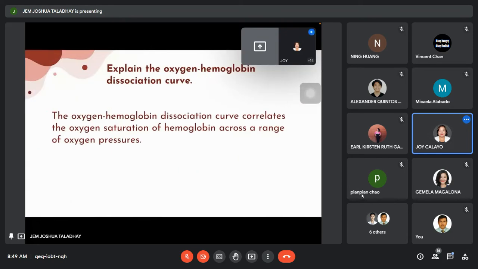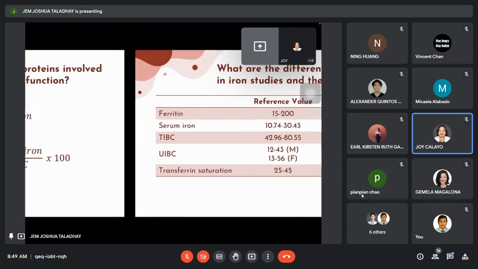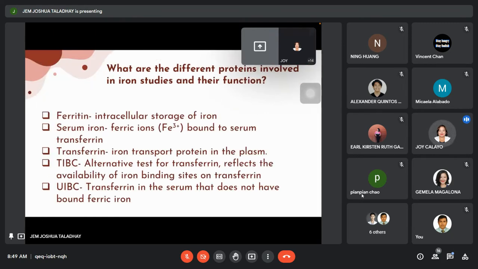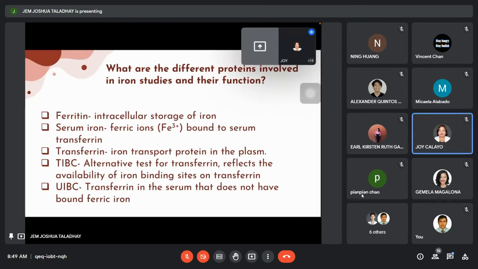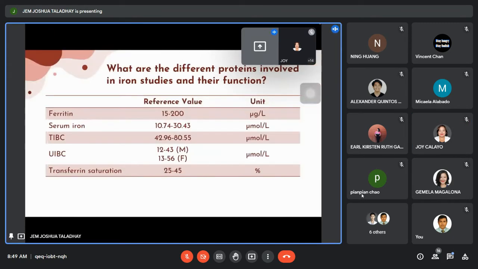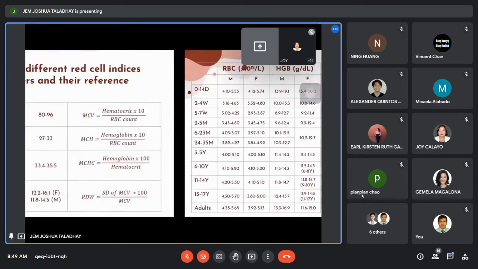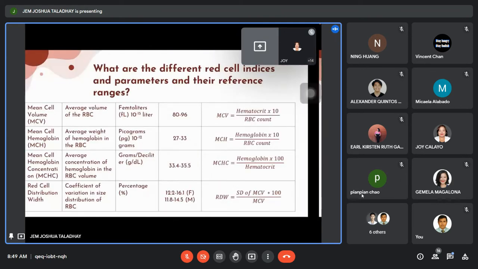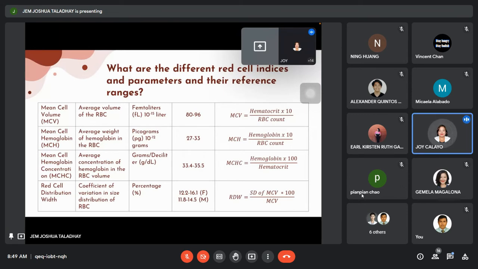Okay, so about the blood indices, which of the blood indices will provide a clue that the patient has a probable IDA?